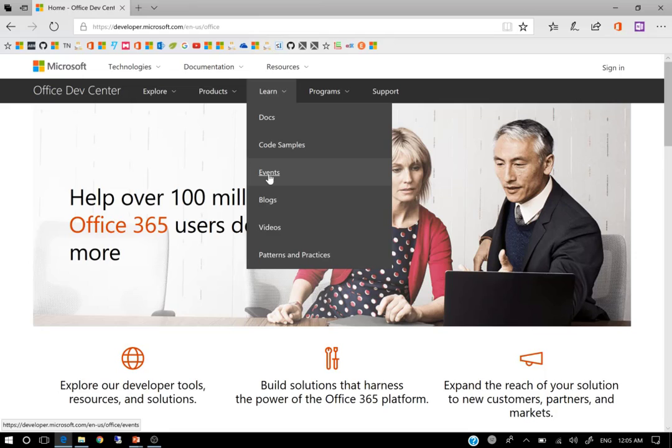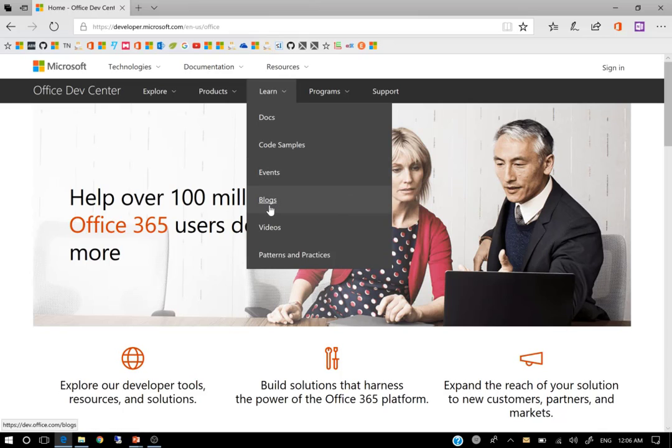There are a lot of events happening by the Office development community, driven by MVPs and other community leaders. You can go and join them if they are happening in your city. You can start networking and make connections, so that when you have a question or an idea, you can validate it straight away.